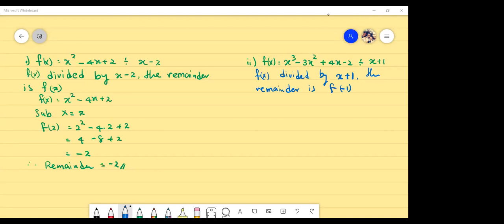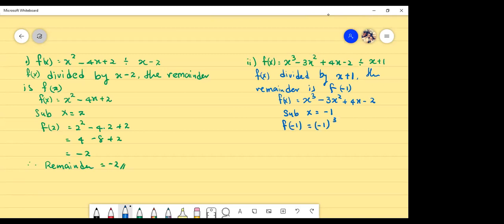So we write f(x) equals x cubed minus 3x squared plus 4x minus 2. Then we substitute x equals minus 1: f(minus 1) equals minus 1 cubed.